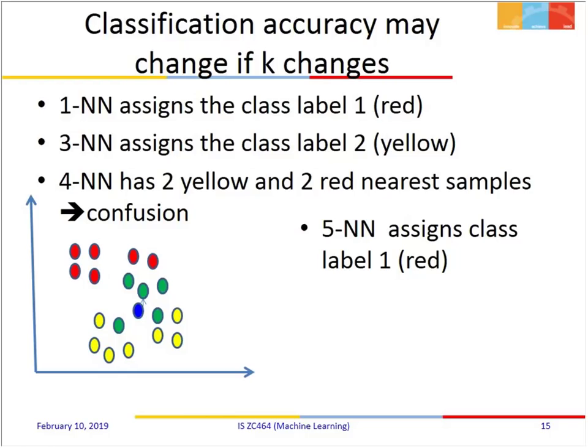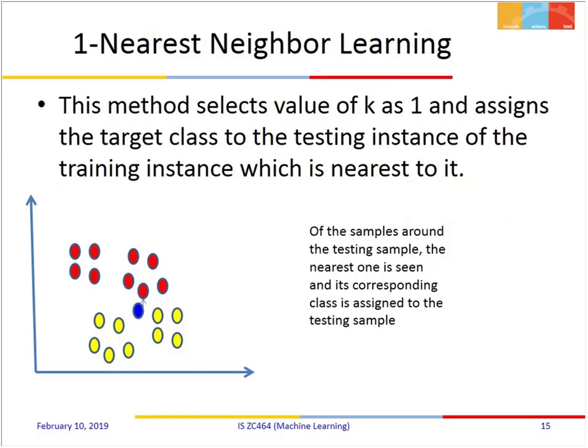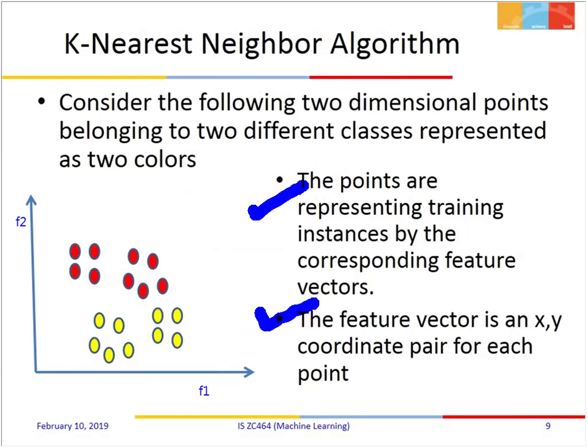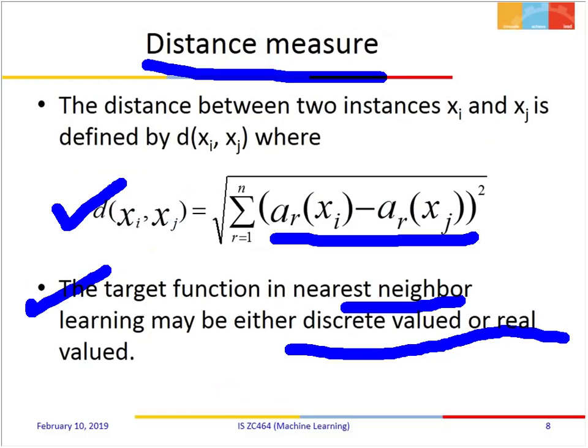So class 1 I am taking here in this figure as red, and class 2 I am taking as yellow. I think I did this. How are distances calculated? Distances are calculated using the Euclidean distance metric. I'll show you how it is working. It is this Euclidean metric on slide 8.